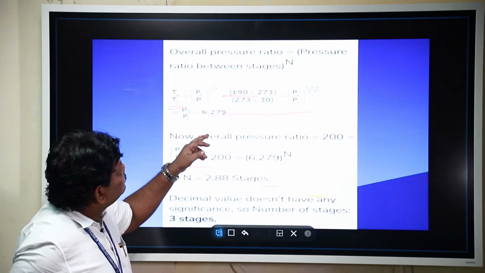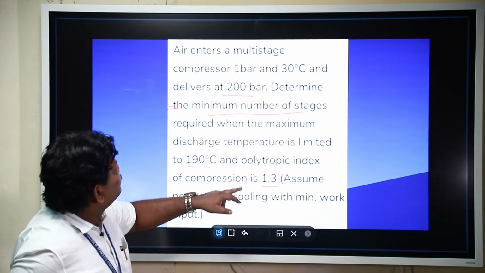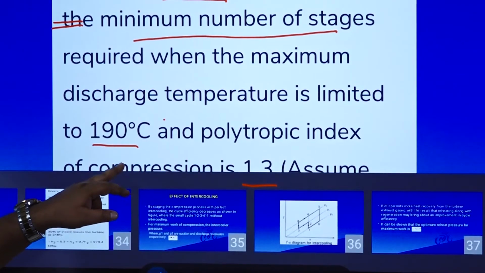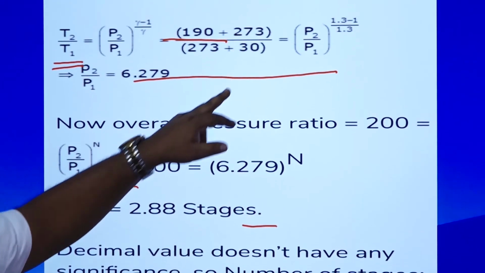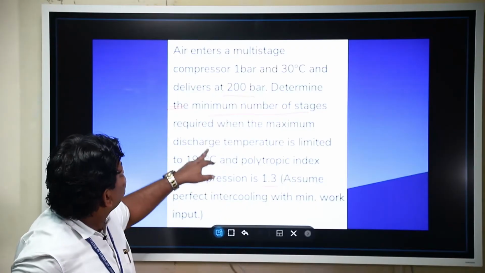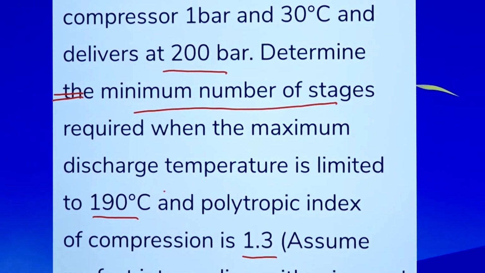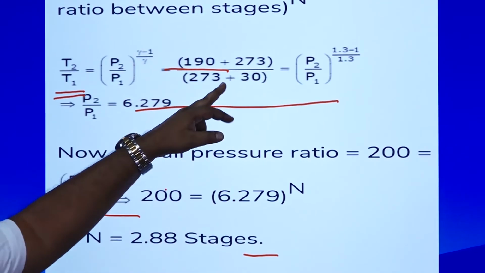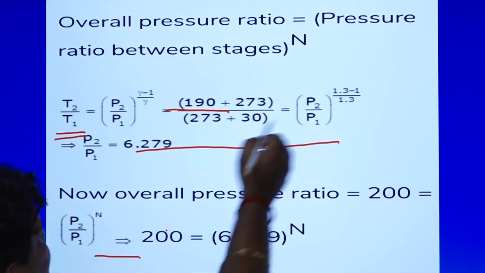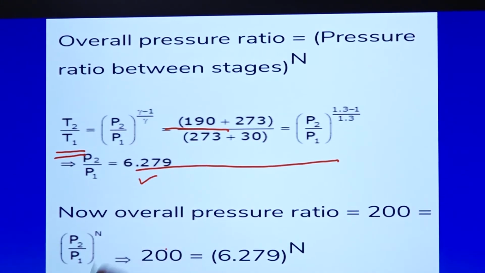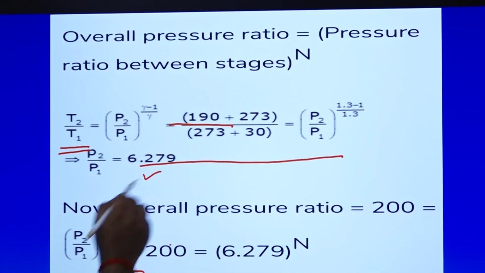You can see here that it is around 190 degrees centigrade, so 190 plus 273, and the other one is 30 degrees centigrade, so 30 plus 273. So you can get the pressure ratio, P2 by P1, which is equal to 6.279.